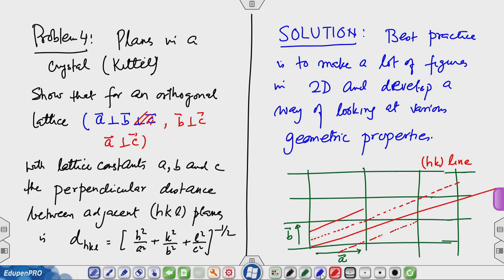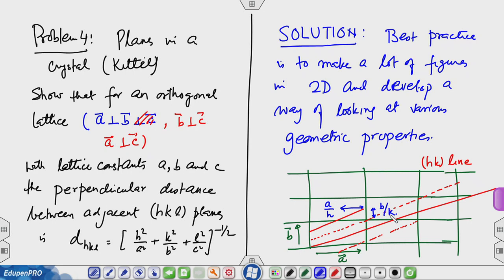The horizontal distance, and once you make these, play around with them, you will get that idea, is going to be A over H. And the vertical distance between the nearest plane is going to be B over K. So, you also see how the Miller indices give you this idea about distances and all that.